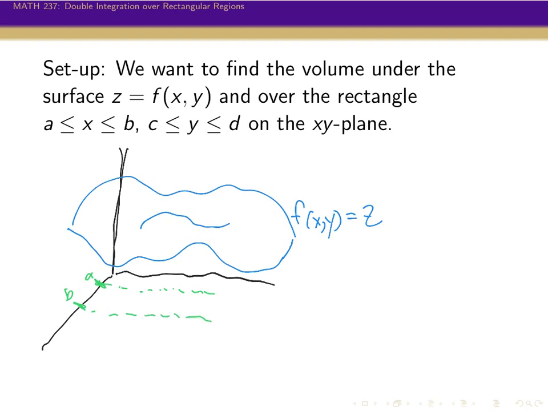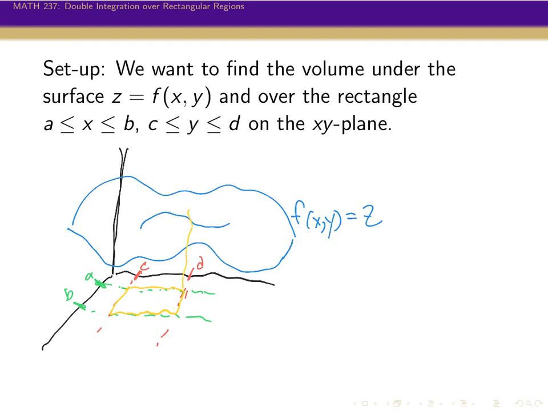And then our y values are coming across c and d, so they're cutting across that way. And so we have this nice rectangle right there.